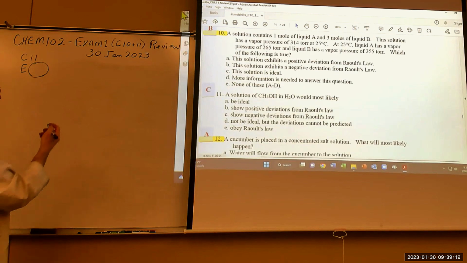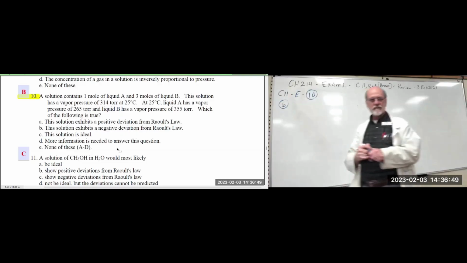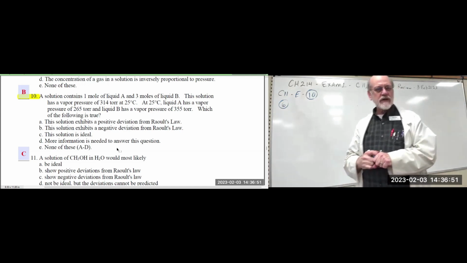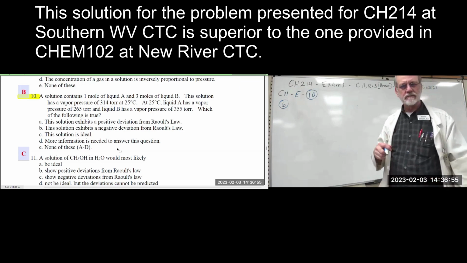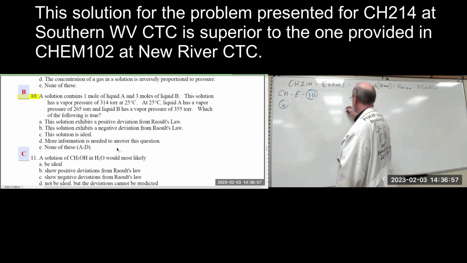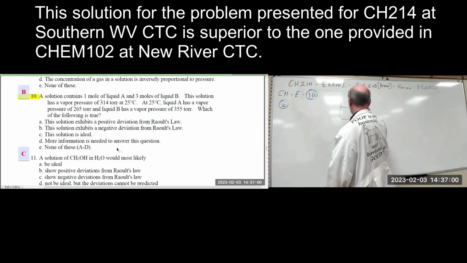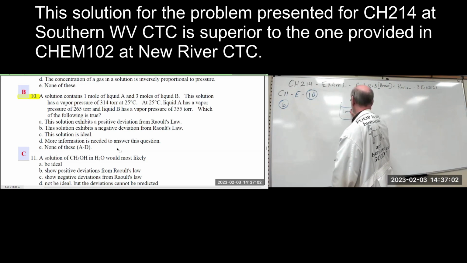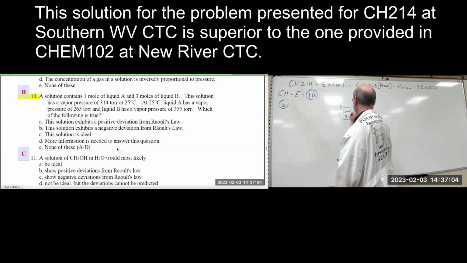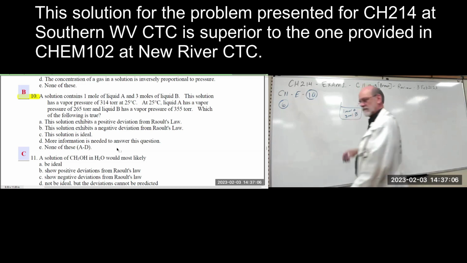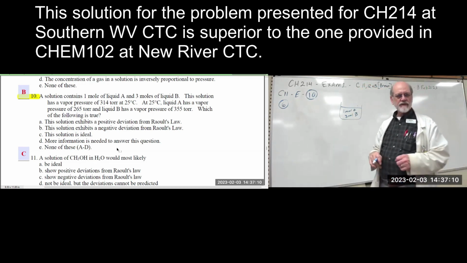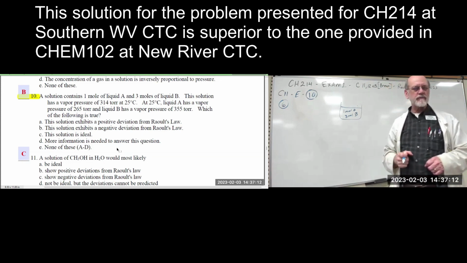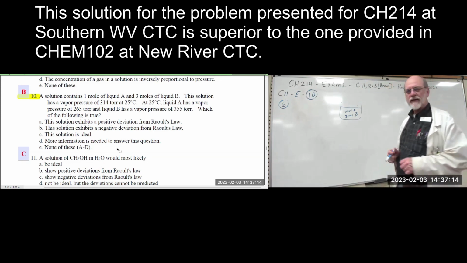All right, 10. A solution contains 1 mole of liquid A and 3 moles of liquid B. So we got this solution, and it has 1 mole of A and 3 moles of B, right? This solution has a vapor pressure of 314 torr at 25 degrees.